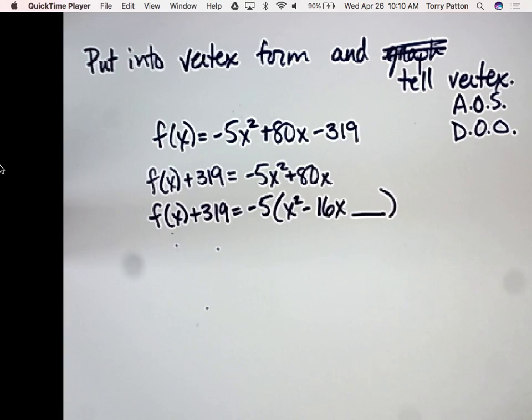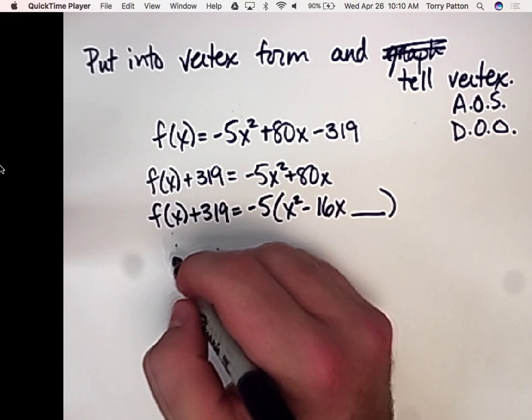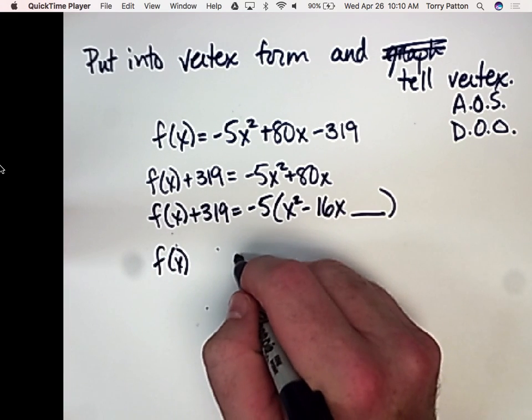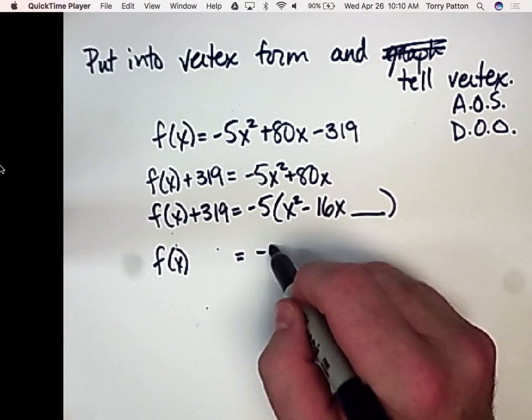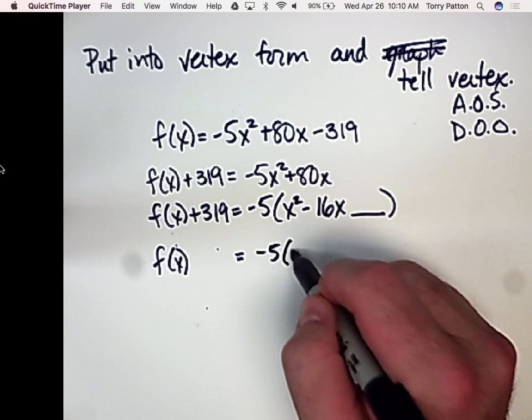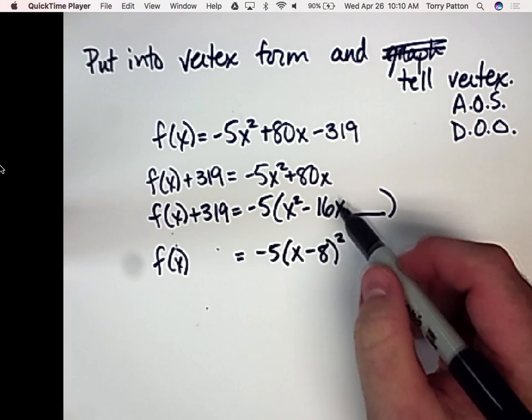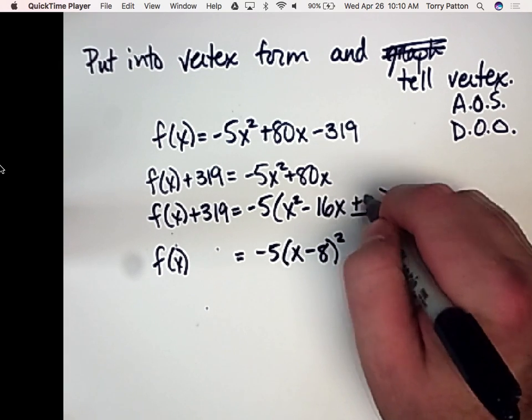Leave a space. Then we do what's called complete the square. You take half of that number, so it would be x minus 8 squared. Then you square that, plus 64.